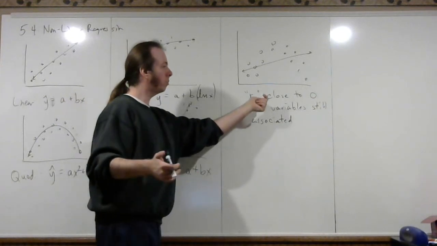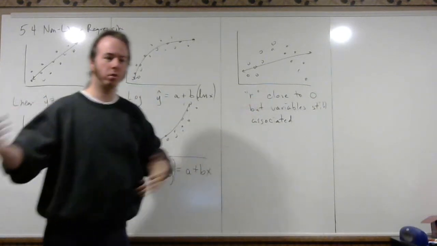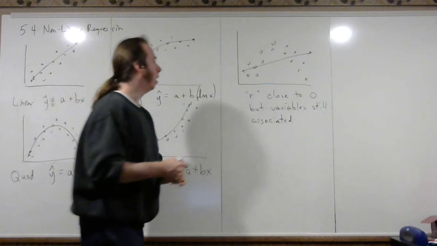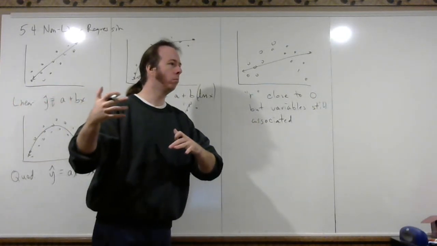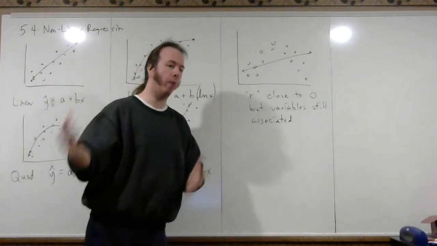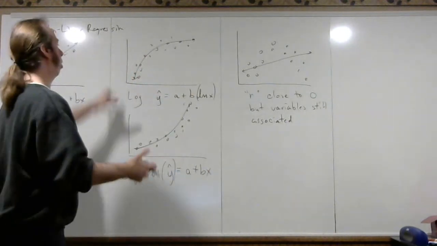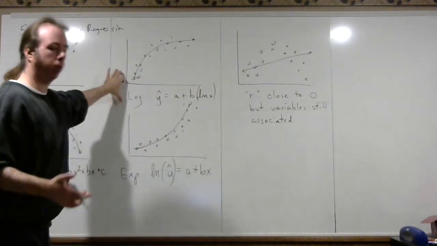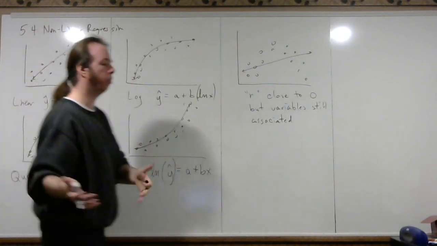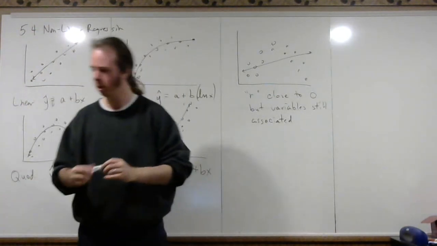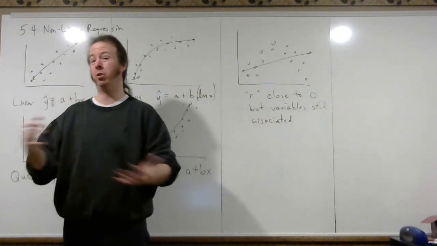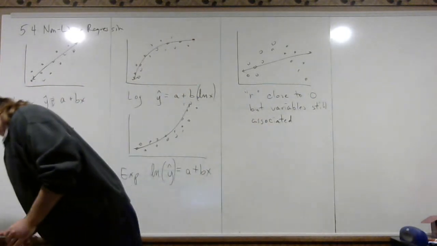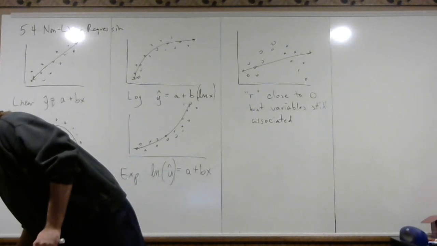Also, if my R value is close to -1 or 1, that means there is a linear association, but there might be a quadratic association or one of these other nonlinear regression types that will best fit that data. So if the R value is close to -1 or 1, linear will work well, but there still might be something that works better.